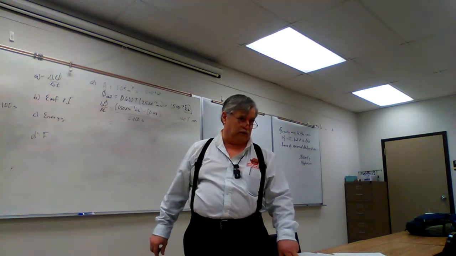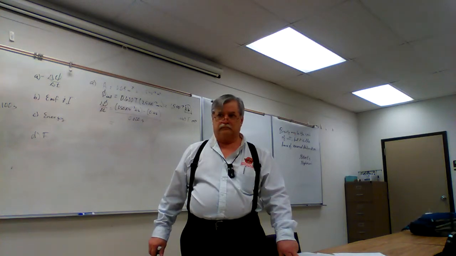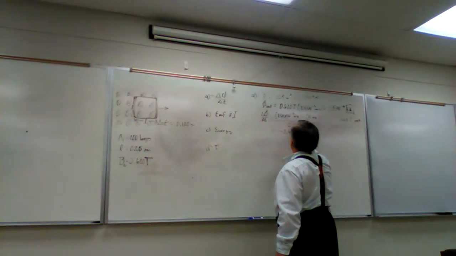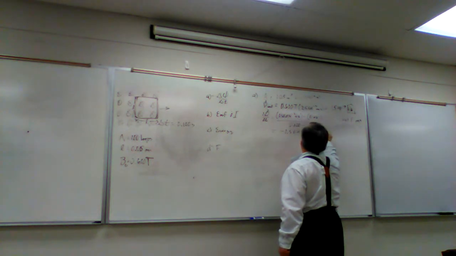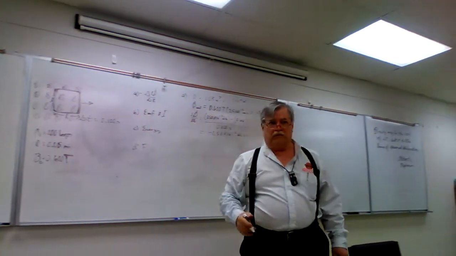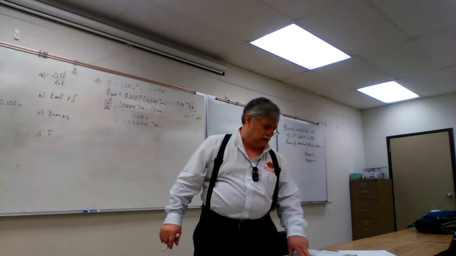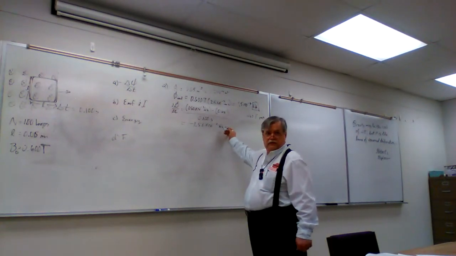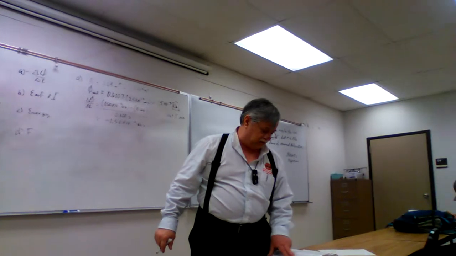I think you're off by 1 order of magnitude. Anybody else do it? .015, 1.5 times 10 to the minus 2, or 15 times 10 to the minus 3, however you write it. But Webers per second is the time rate of change of the magnetic flux.